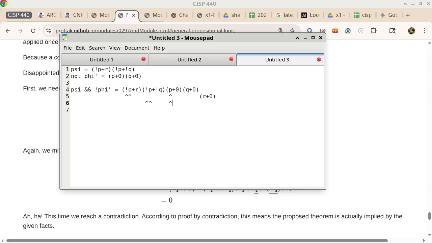The answer is yes, it's right here. So we add another term, which is not Q or false. The not Q is coming from this particular disjunctive term, and the false is coming from this term over here. So what is left is not Q or false. Are we good so far?